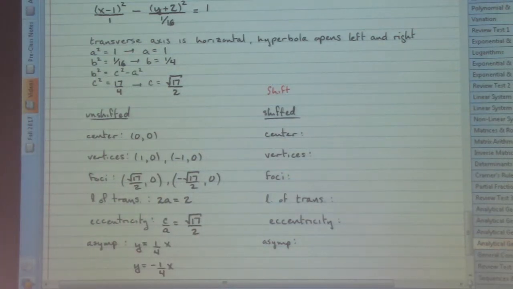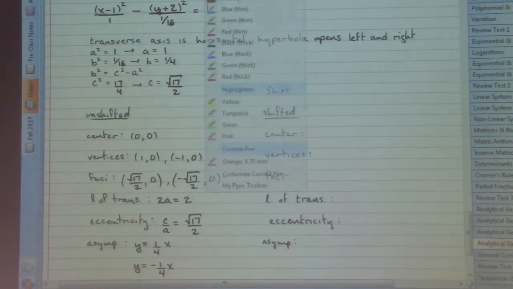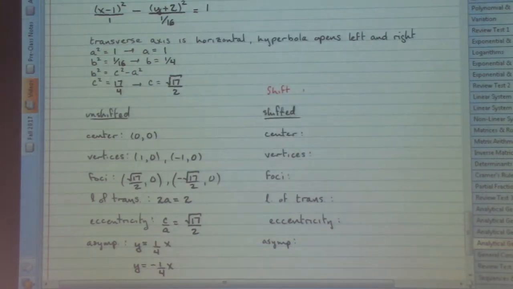From the x minus 1, we would shift right 1. From the y plus 2, we would shift down 2. That would give me a center of (1, -2).